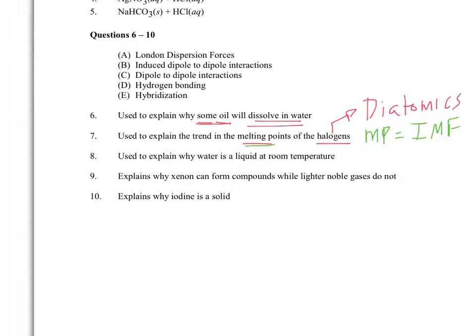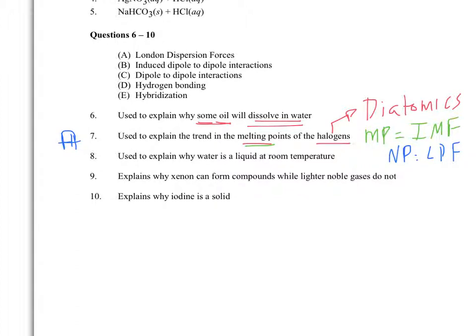F2, Cl2, Br2, I2. They're all non-polar, which means it has to be a what? It has to be an LDF. So that is why. And again, that's tying a lot of pieces of the puzzle together. So it talks about melting points. Melting points have to be IMFs. Well, diatomics are non-polar because halogens are diatomics, which are non-polar, which has to be an LDF.